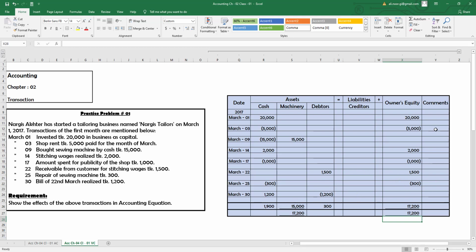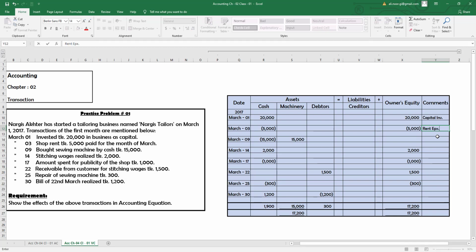And one thing I would like to say now is that you have to write a comment for every owner's equity transaction, so here you should write capital investment. Since there is a small space, I am not writing in full, I am writing in short. Then for this transaction you should write rent expense.